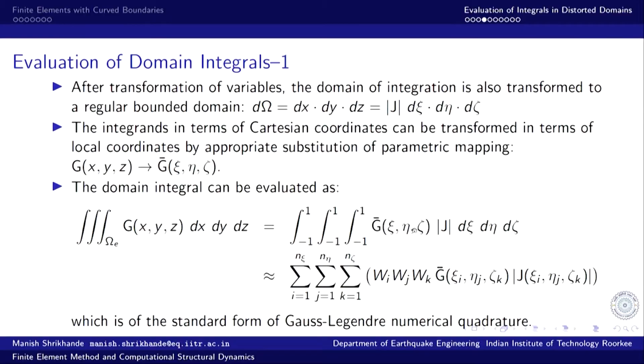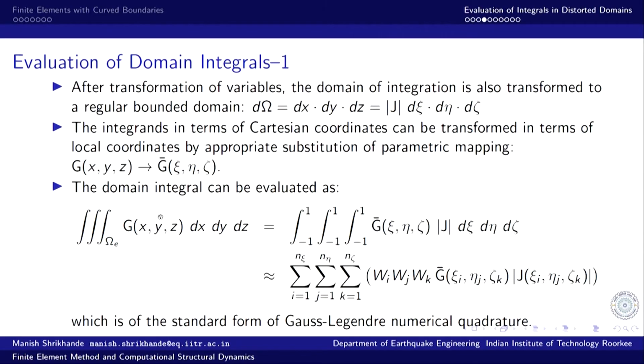This entire integrand is evaluated at each of those sampling points, multiplied by the appropriate weighting coefficient, and the sum is accumulated, and that accumulated sum is equal to the required domain integral.